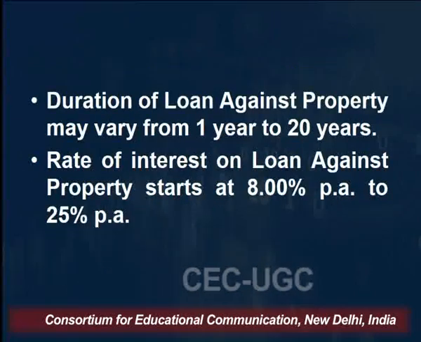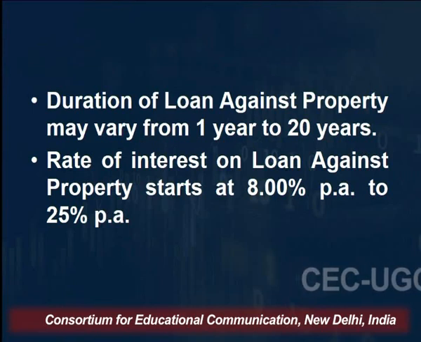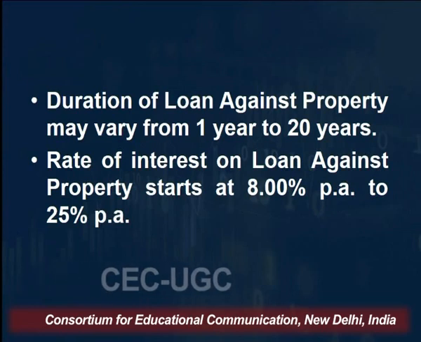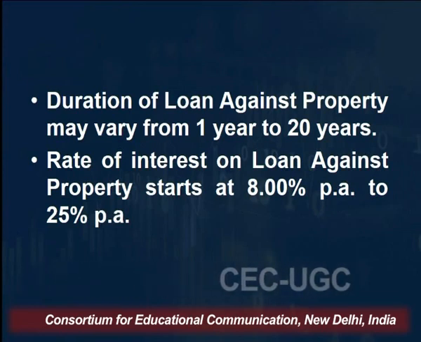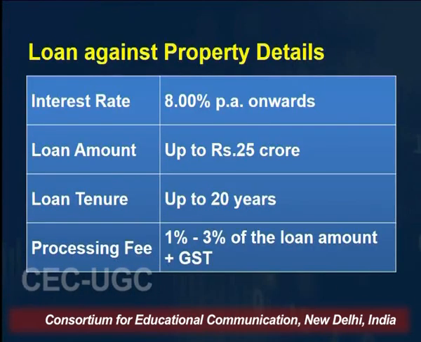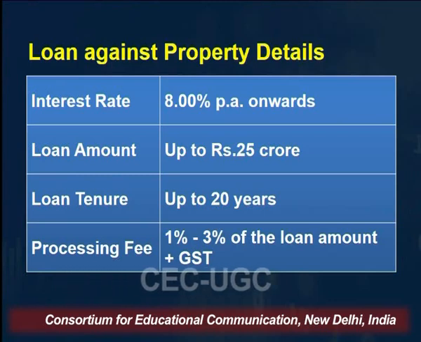Now coming on to the duration of the loan against the property, it may vary from 1 year to 20 years, and the rate of interest on the loan against the property starts at 8% per annum to 25% per annum. Now, loan against property details. The interest rate is 8% per annum onwards.